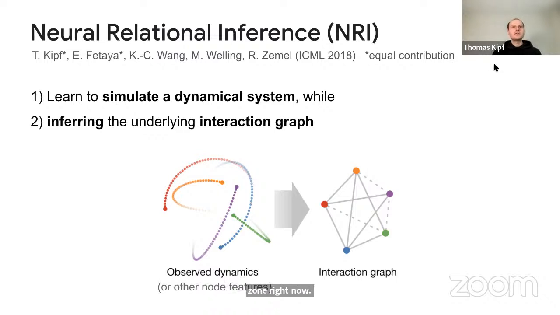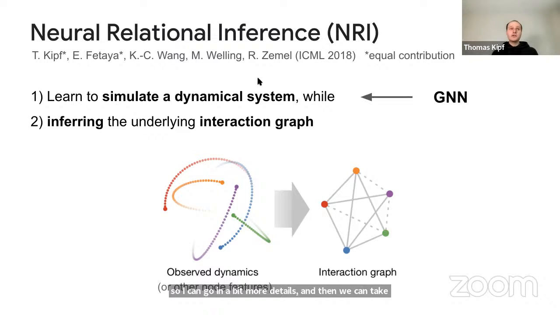All right. So the method here, neural relational inference, effectively processes in 2 steps. First of all, we already learned about graph neural networks, and we're going to see again how a graph neural network can be employed here to learn to simulate a dynamical physical system. But then we also want to infer this hidden relation graph to really tell us about missing information or about uncertainty, like the question we had before.